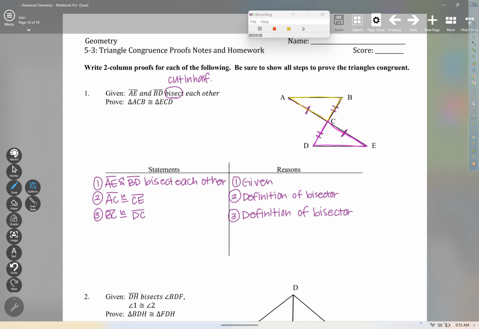So ACB is the top one, is congruent to angle. Okay, I went from A, then there was 1 tick mark C, and 2 tick marks in B. So I'm going to need to start on E, then go to C, then go to D. So angle ECD. And I knew those were congruent. How? That's the question you need to keep asking yourself because of vertical angle theorem.